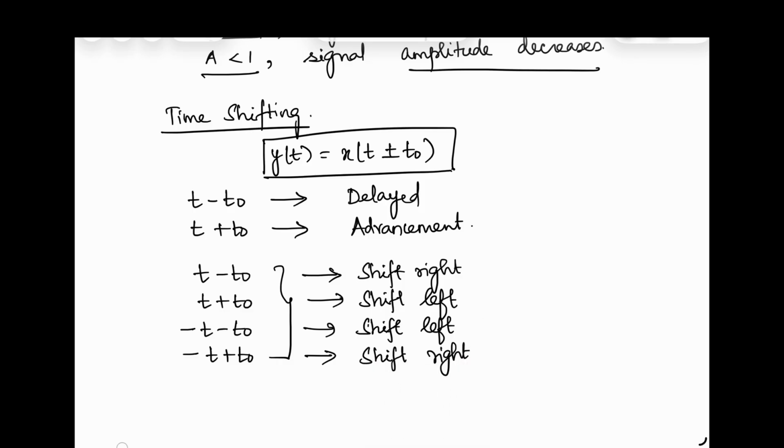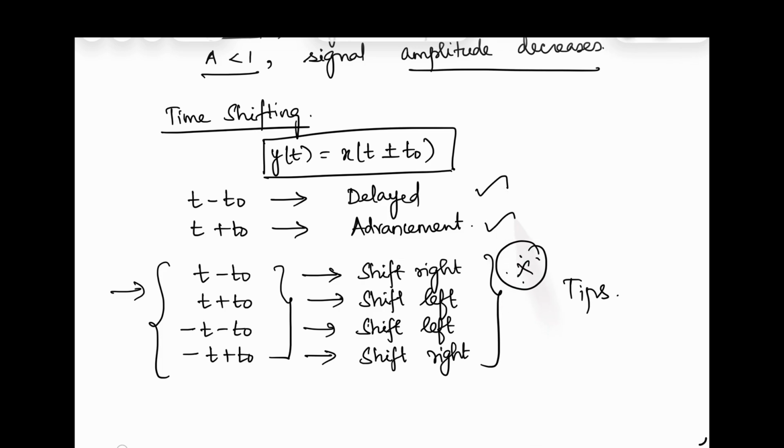So these tips you can have when you do the problems. Keep in mind all these four cases. The signal will either get delayed or advanced. So this is about time shifting.